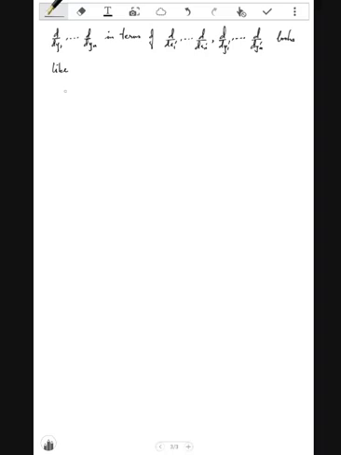In the first column we write d by dx1 in terms of d by dx1 prime through d by dxn prime, d by dy1 prime through d by dyn prime.